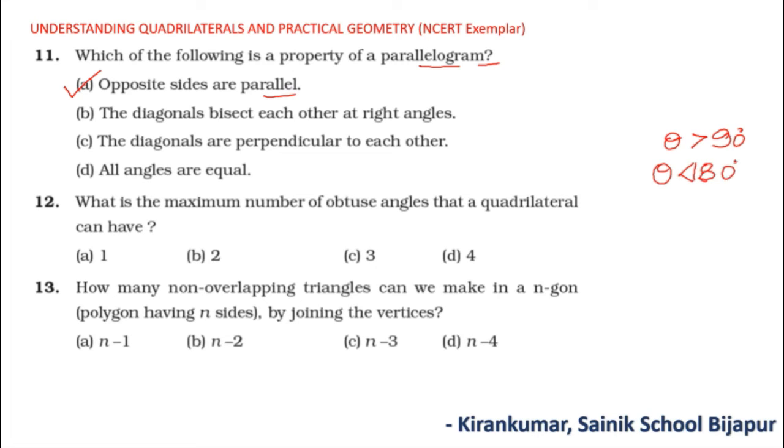This is an obtuse angle. So at the most, 3 obtuse angles can be there for a quadrilateral. So the right answer is 3. You can think why it is 3.